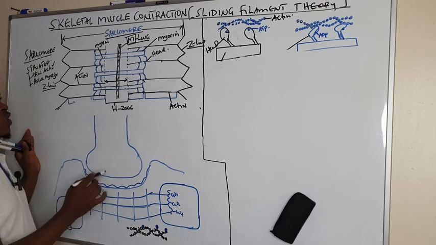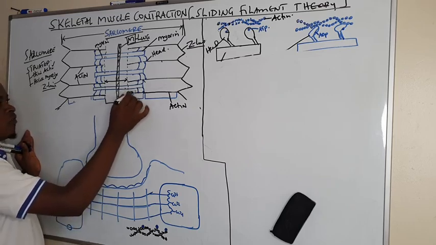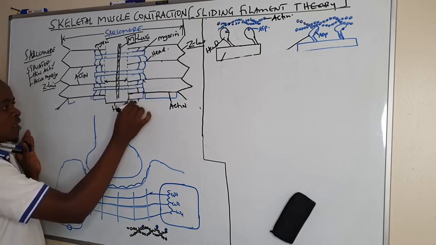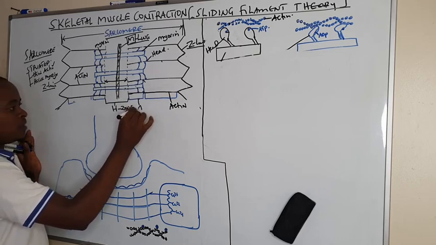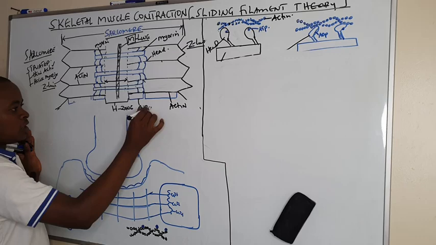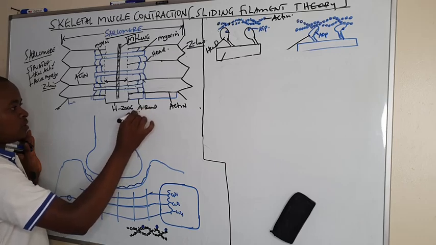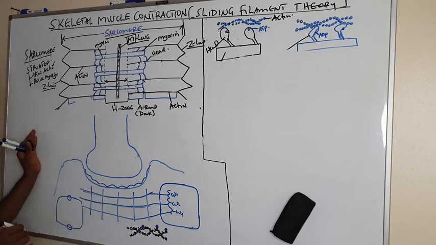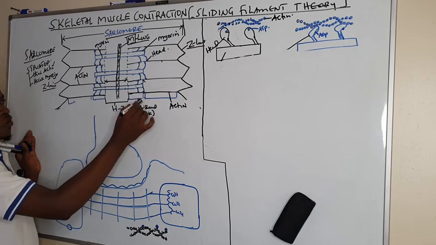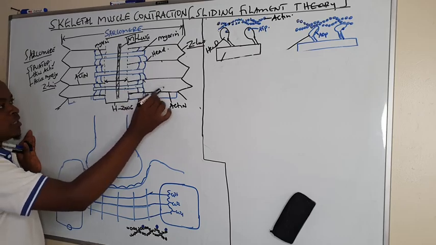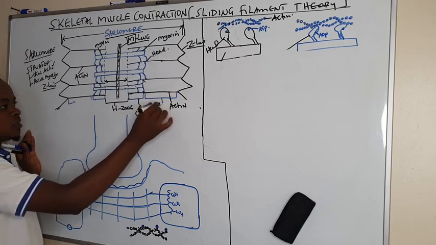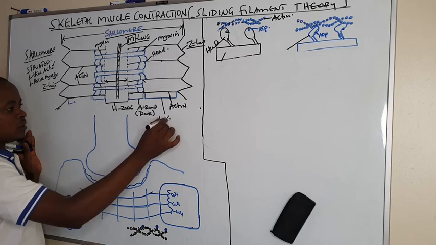And then the zone where the actin overlaps with the myosin, together with the myosin head, is known as the A band. You can call it A band or dark band. Then the zone or the distance where the actin is not overlapping with the myosin, we call it light band.